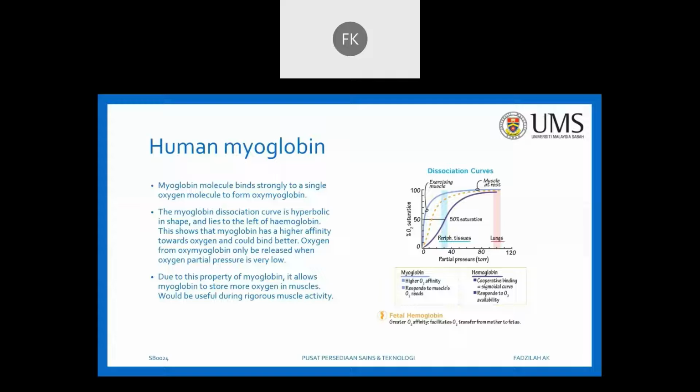Because when you are exercising, your muscle tissue demands more oxygen. So myoglobin is there to ensure enough supply of oxygen for your active muscle.